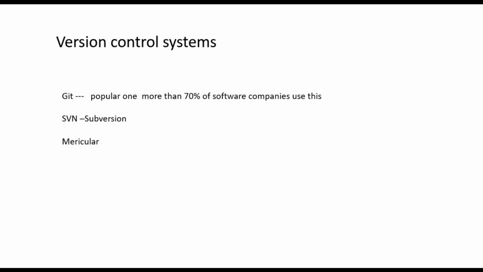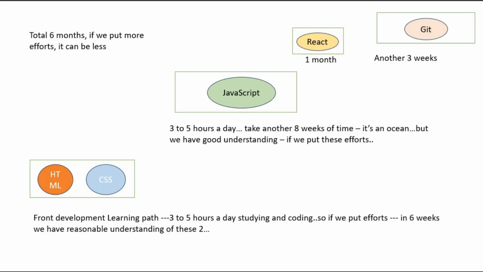Like that, Git helps us in tracking the project from day 1 to day end. So we will learn Git also whenever it is required. So the plan is not to learn too many things in a short time. Let us learn one by one. Okay. Thank you.